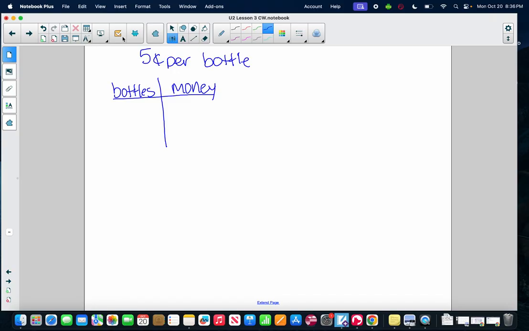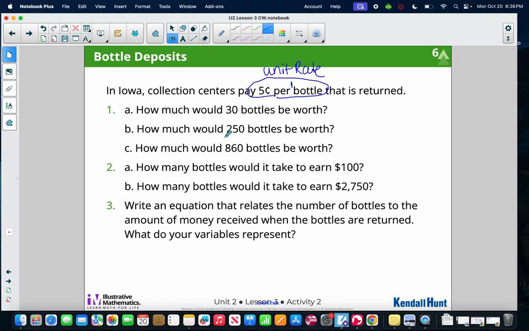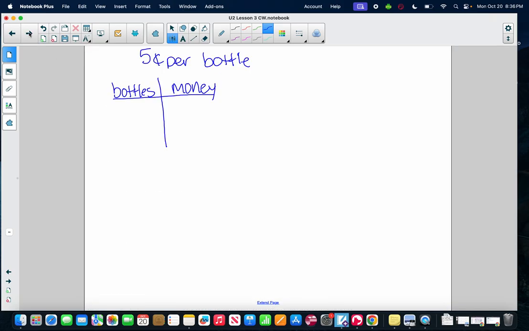Right now it gave me money in cents, but I know eventually I'm going to use enough bottles that it's going to turn into dollars. And 5 cents written in dollars would look like this. So I'm going to use dollars instead of cents.